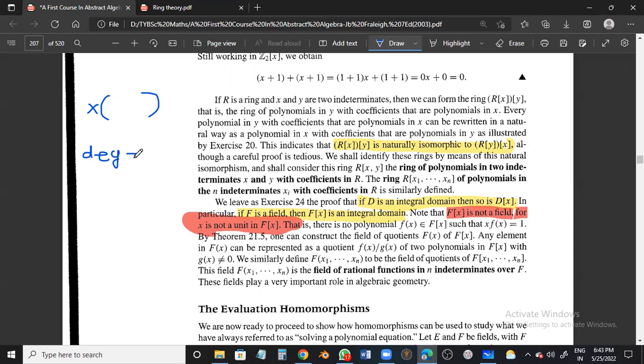Suppose this is degree 2, you have x square. So what happens? Degree of the product is 1 plus 2, means degree is increased by 1. It is not decreased. And we want this to be a constant. 1 is a constant. Its degree is 0. So this is impossible. And that is why we are saying that x is not a unit element. X is not an invertible element. Followed me?